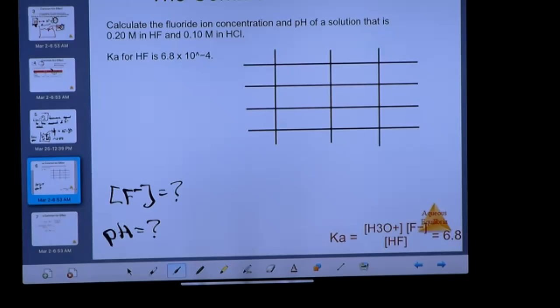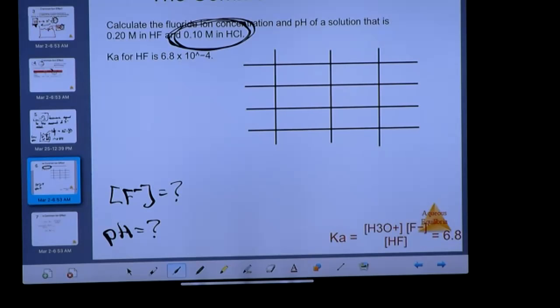So this is tricky. We would think it would just be 1 because we have a strong acid and that means it completely dissociates. Correct? But it can't. Why? Because as soon as an H breaks off, it's going to be grabbed by an F.